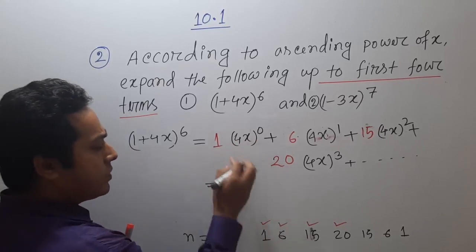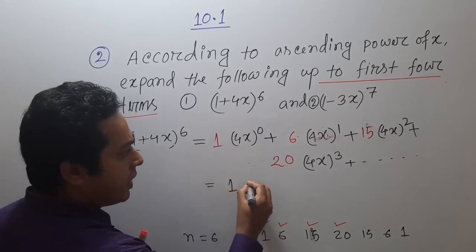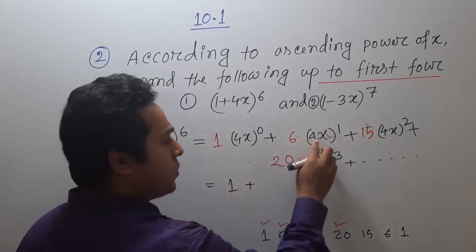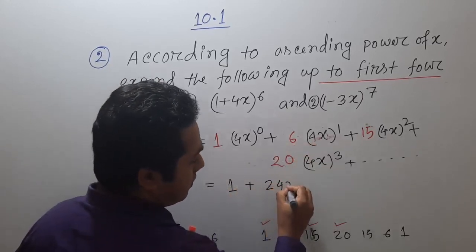Now the calculation: this is 1, so the answer is 1, and this is 24x.